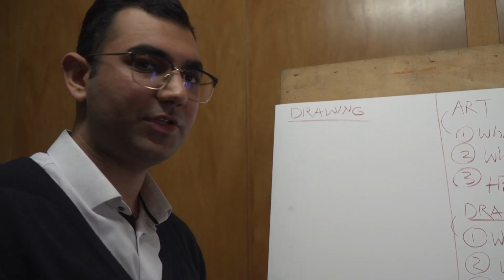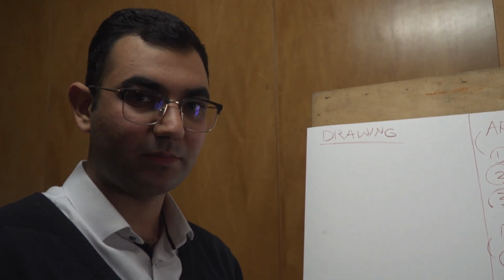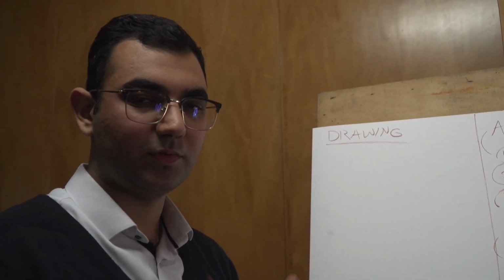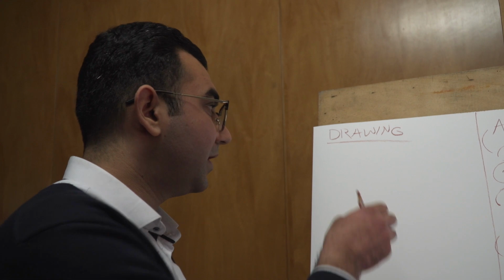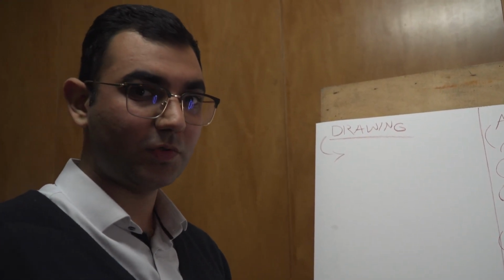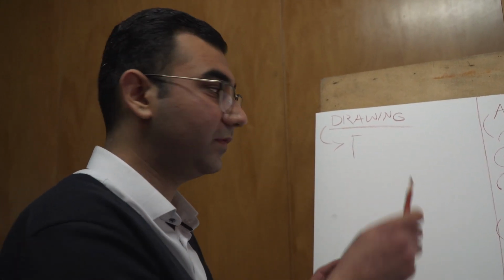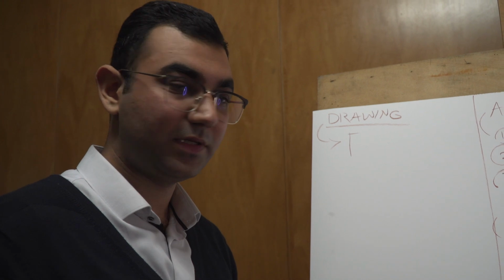In the previous session, I told you that if you want to draw something, you have to translate it into shapes, into line, mass, and form. So the process of translation has two components. First of all, we have gesture, which is the movement inside objects.